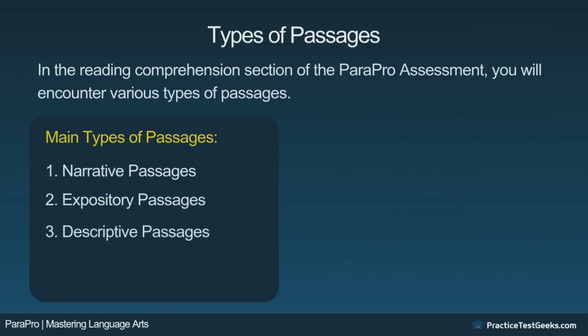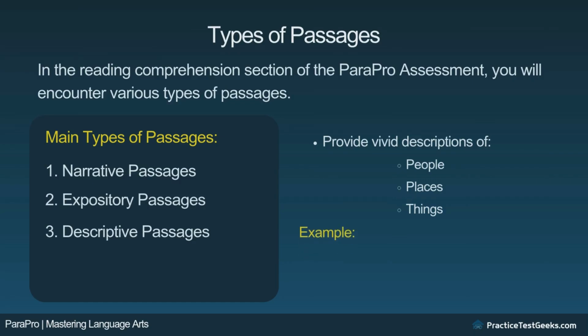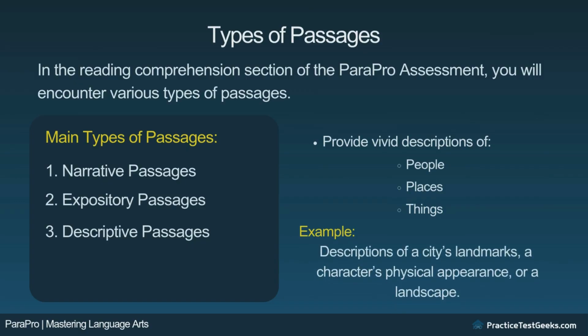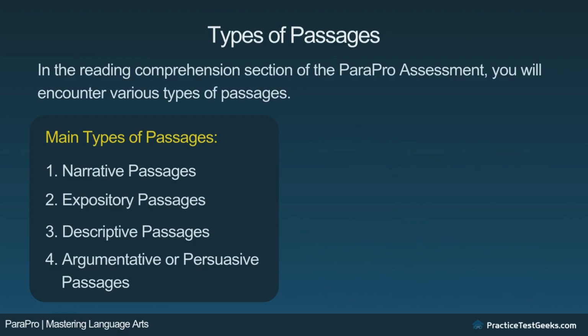3. Descriptive passages. These passages provide vivid descriptions of people, places, or things, focusing on sensory details to create a picture in the reader's mind. Example: descriptions of a city's landmarks, a character's physical appearance, or a landscape. 4. Argumentative or persuasive passages.